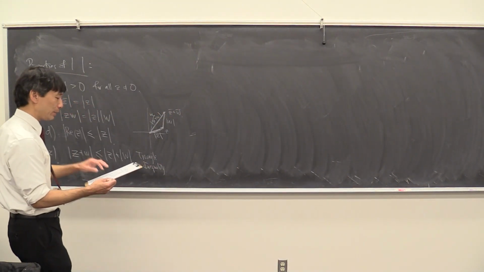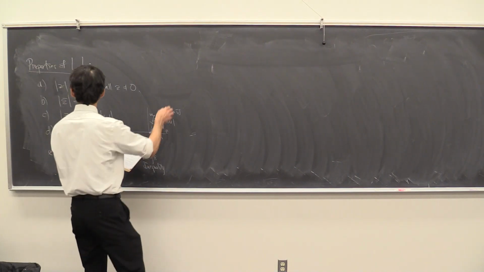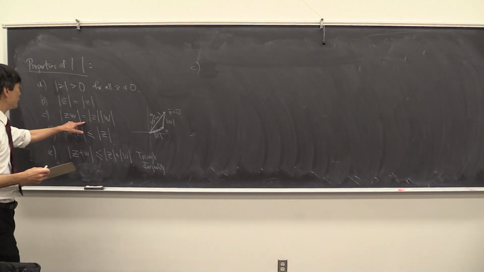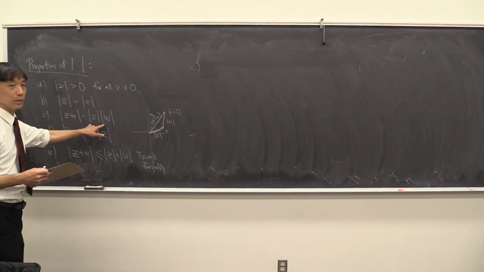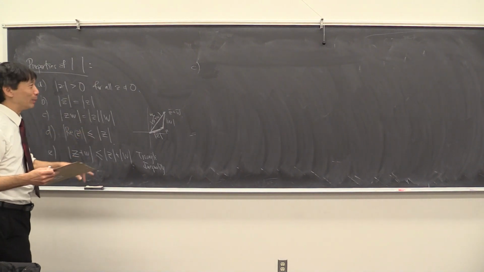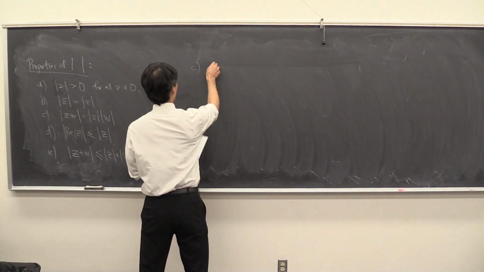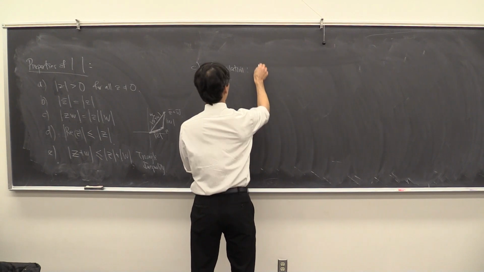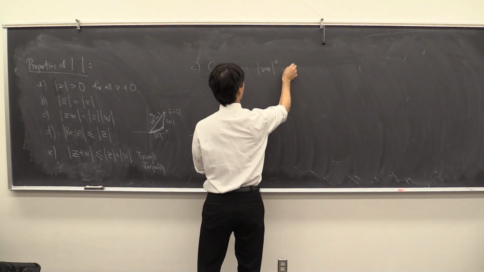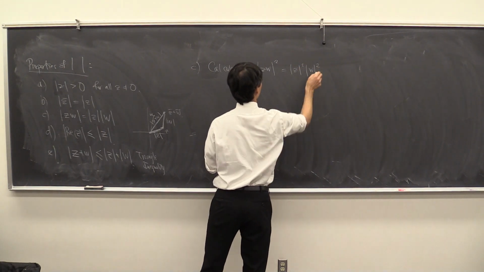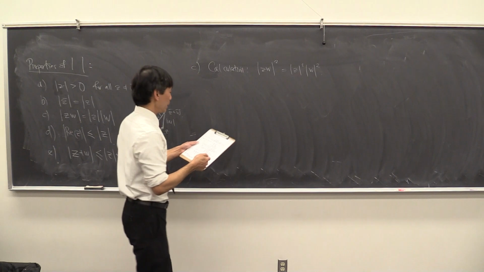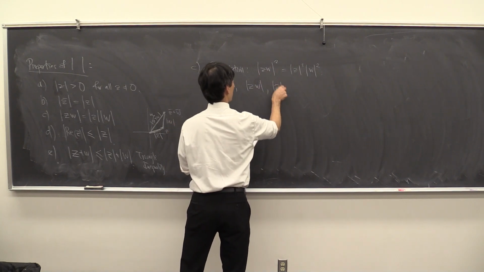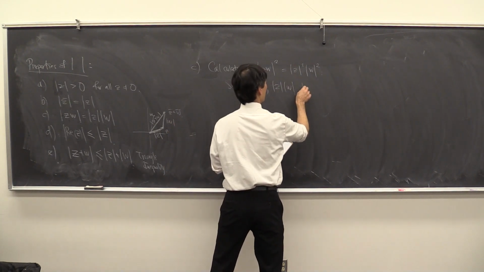Okay. So let me see, which ones should I talk about? Let me talk about C first. Why is it true that the modulus of the product equals the product of the moduli? First you just do a calculation, and you see that this thing squared equals this thing squared times this thing squared. Okay, and then you say, well, this and this have the same square.